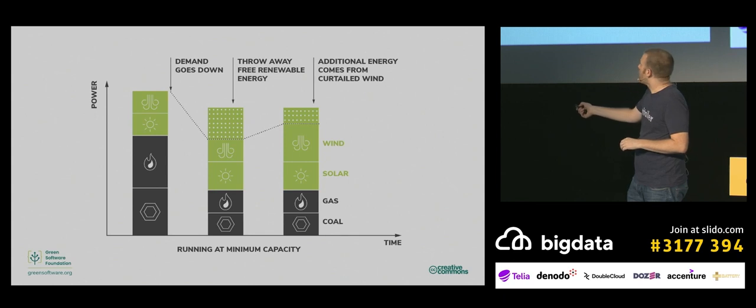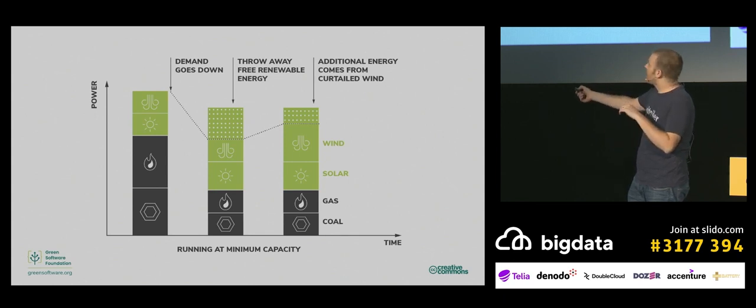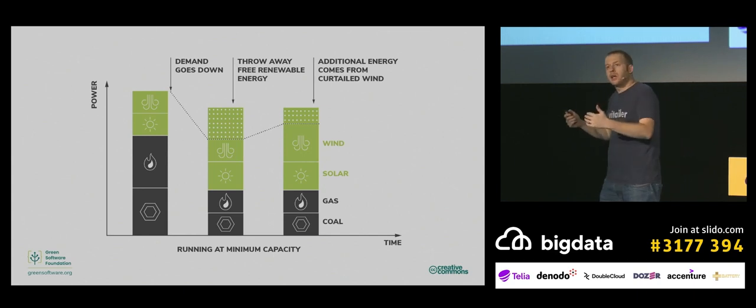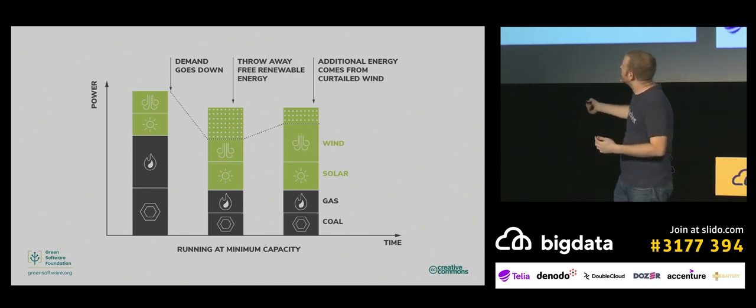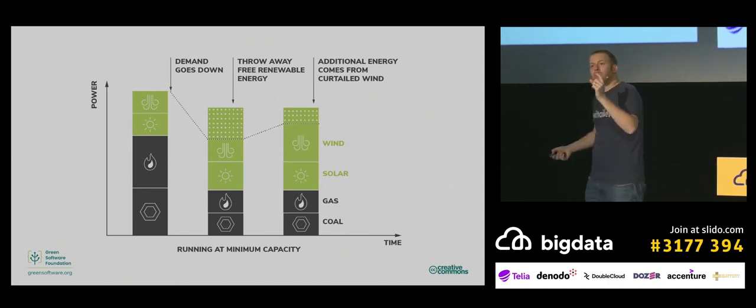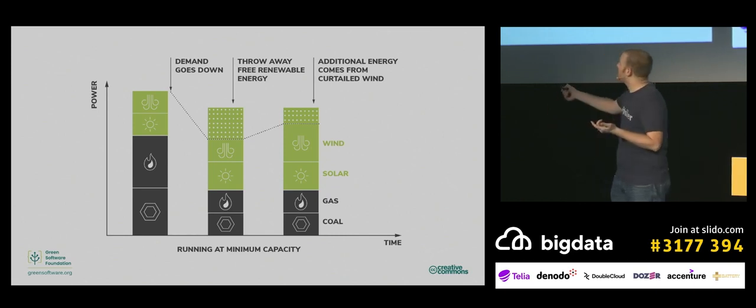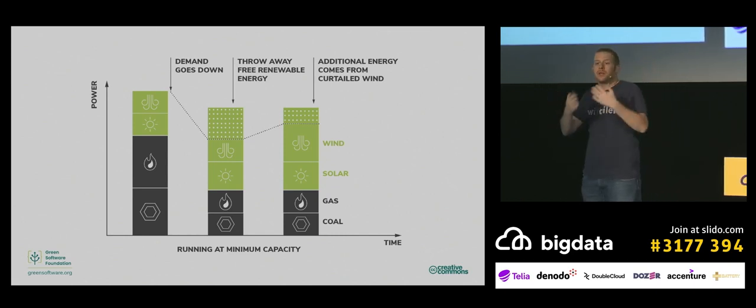So the point of this slide is that if we have this demand and we burn a lot of fossil fuels, after that wind and solar increase their capacity, but I still need to burn a minimum of fossil fuels. So the excess is wasted.